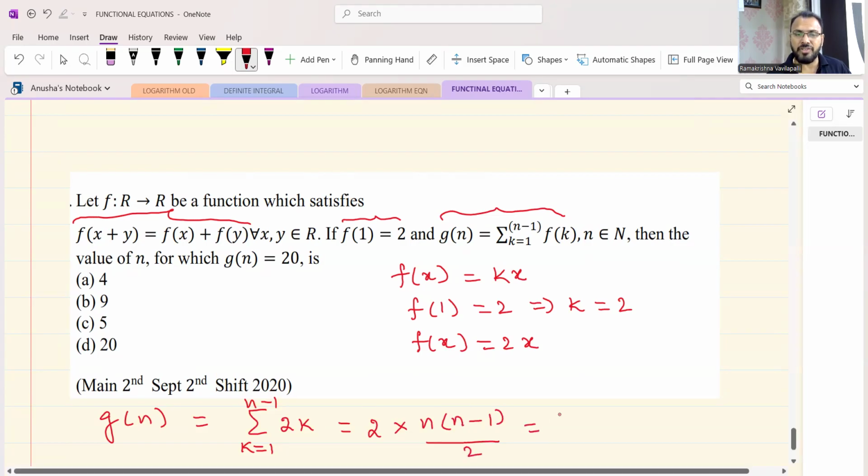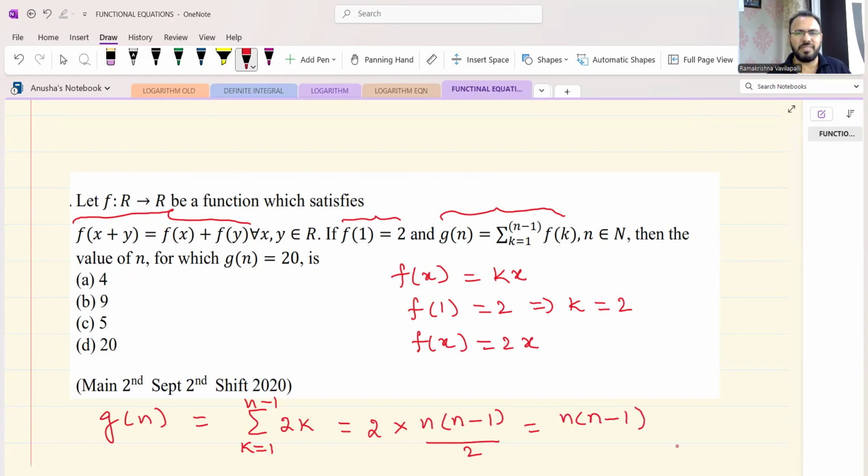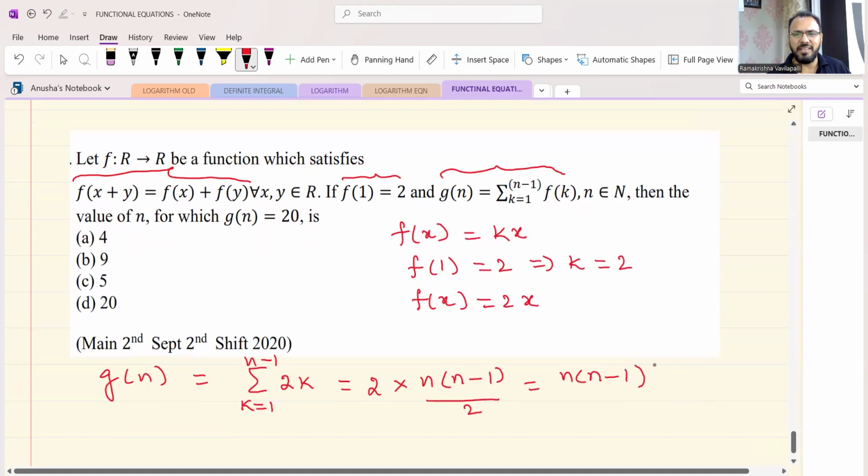The sum of the first n natural numbers is n into n plus 1 by 2. They have given that g of n equals 20. So even by verification, you can solve this question: n equals 5.